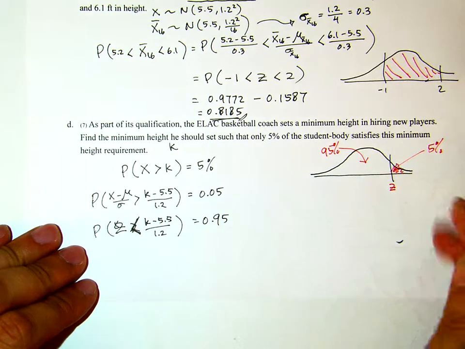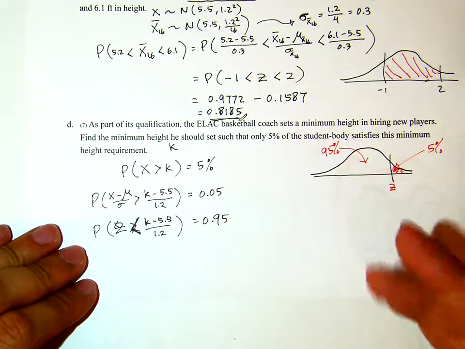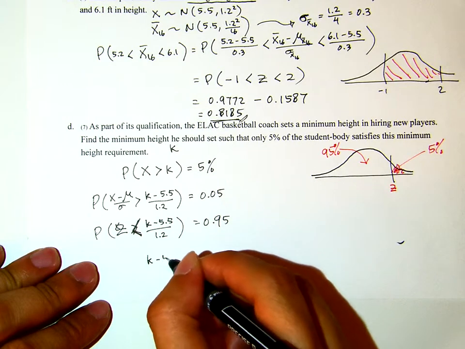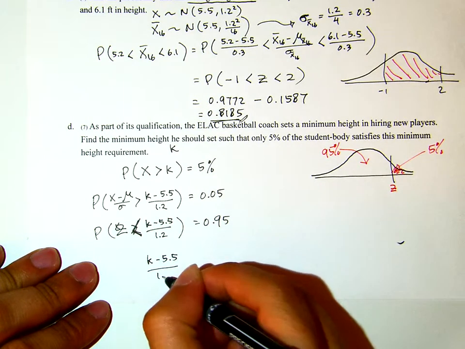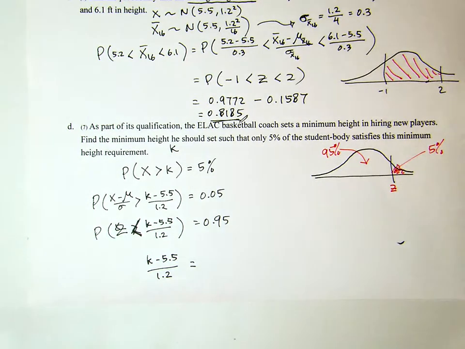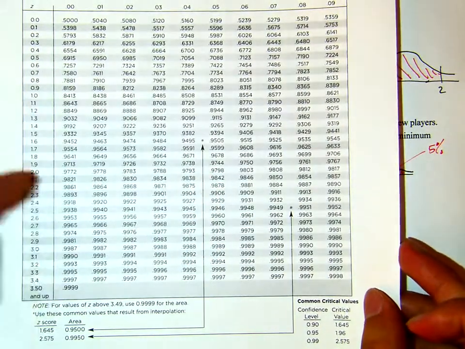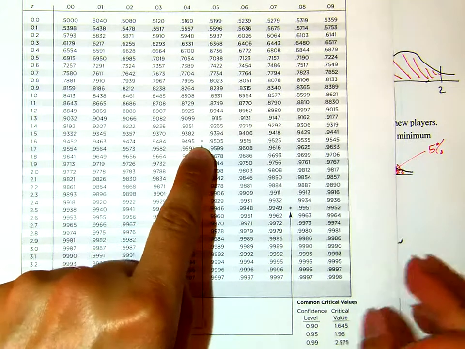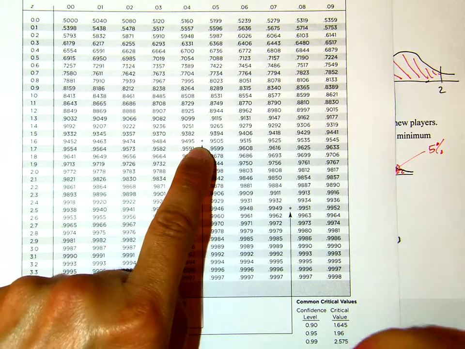Greater than that is 5%, so less than that is 95%. From there, we look at the table. What is the Z-score? For 95%, the Z-score is 1.645.